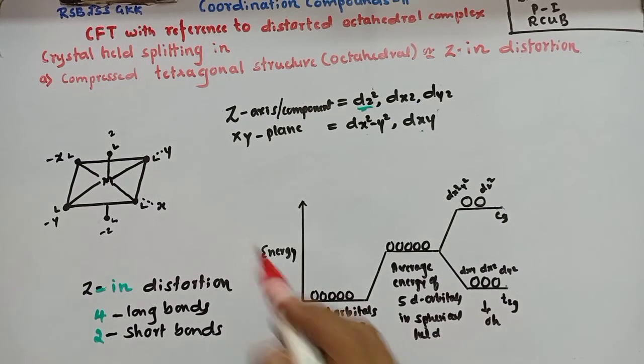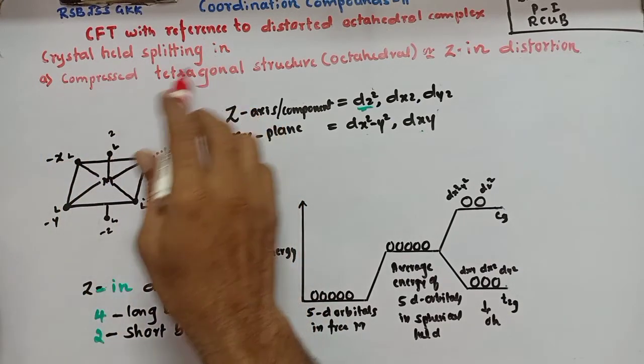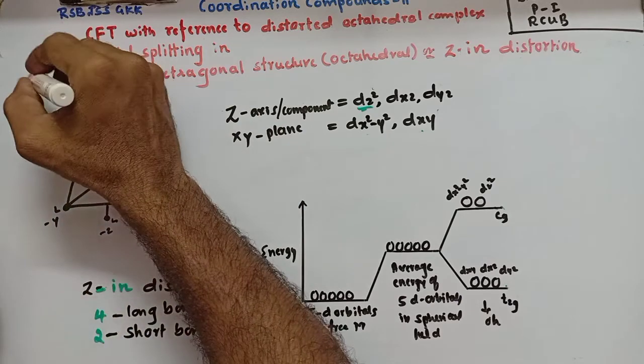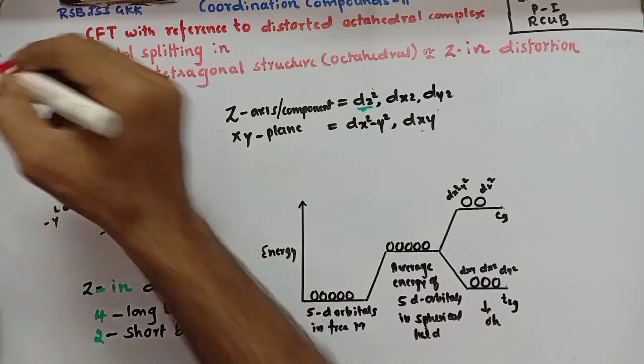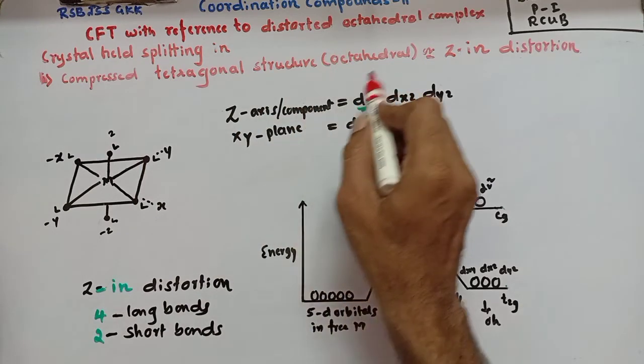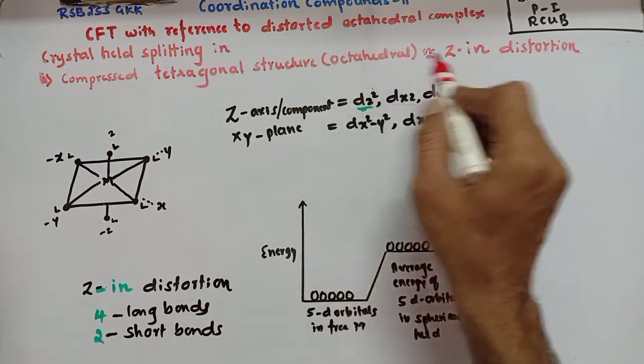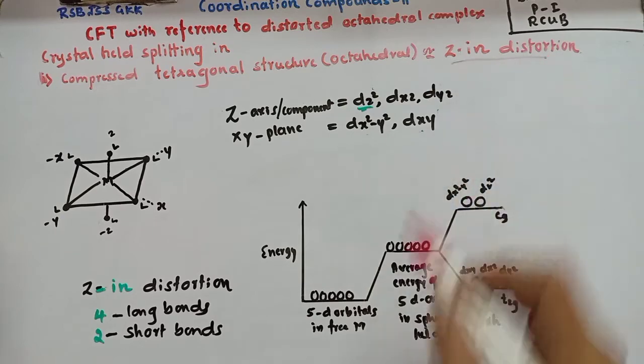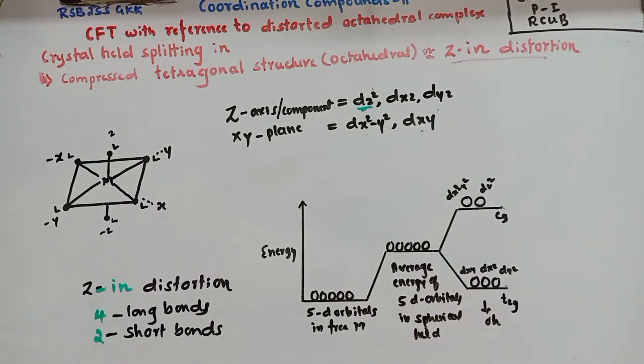Now let us study the crystal field splitting in case of a compressed tetragonal structure, that is, a compressed octahedral structure or an octahedral structure in which Z-in distortion is taking place. In such complexes, what will happen?